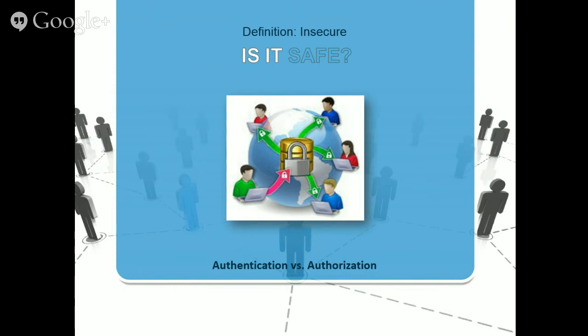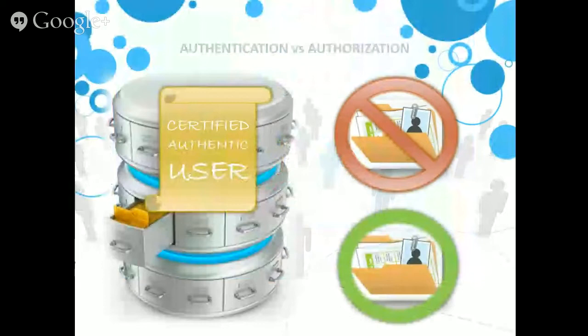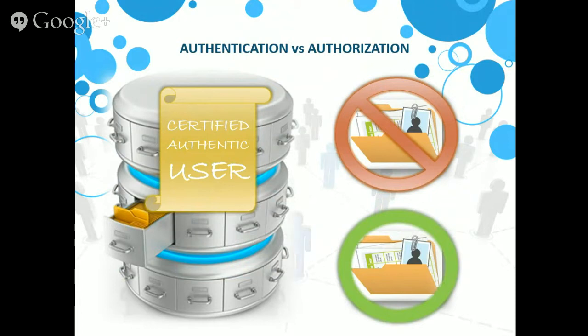Here are more definitions for you. We need to know the difference between authentication and authorization. Authentication verifies who you are, whereas authorization verifies what you are allowed to do. So when a user is authenticated, they're given certain permissions to access certain objects, either in a directory, a domain, a database, what have you.